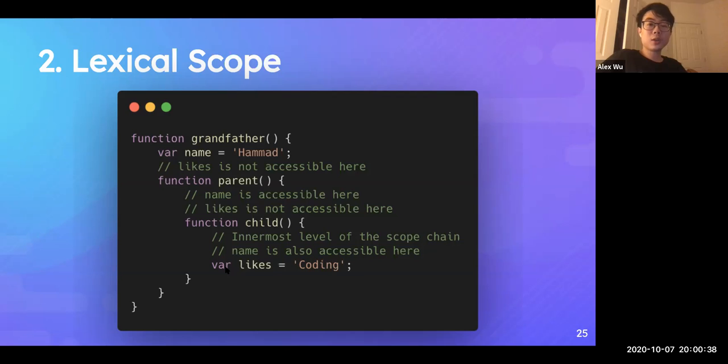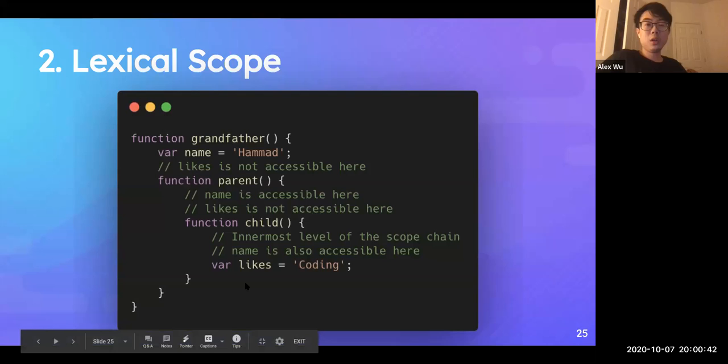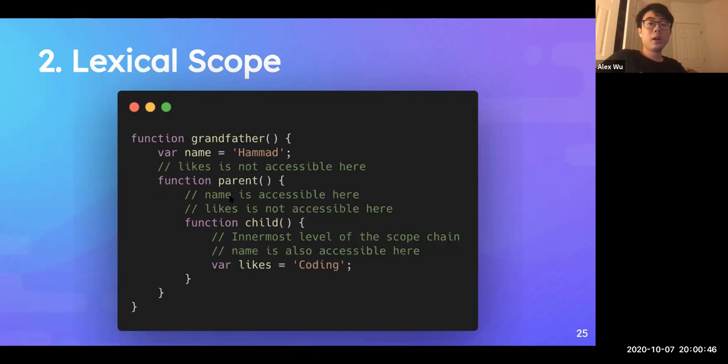As you can see, there's also a likes variable defined in the child function. And if you are trying to access the likes variable within the parent function, it's not able to. So essentially, you can only access the variables from the outer function, not the inner child function. And this is what the lexical scope is essentially trying to convey.